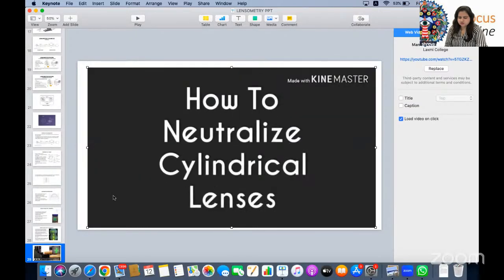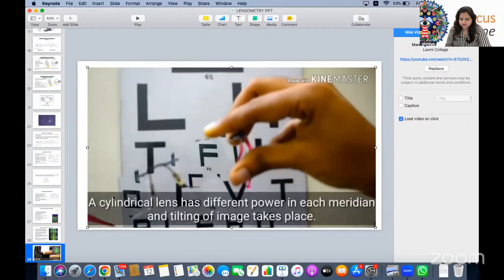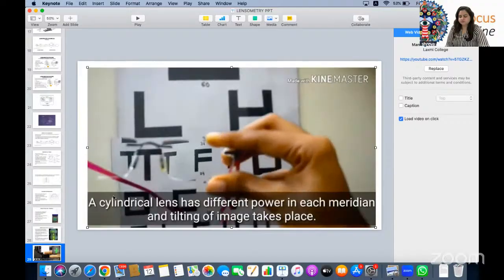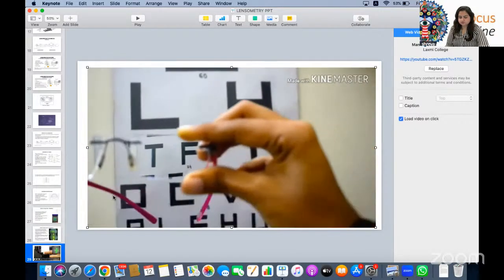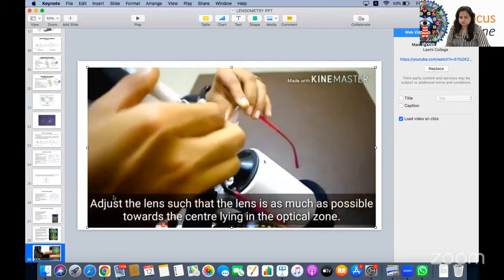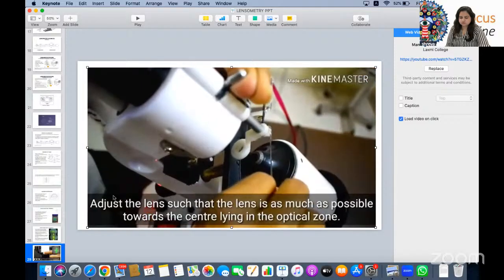Now we're talking about the cylindrical lenses. So here there is some tilting of the image. Different power in each meridian and tilting of image takes place. Adjust the lens such that the lens is as much as possible towards the center lying in the optical zone.